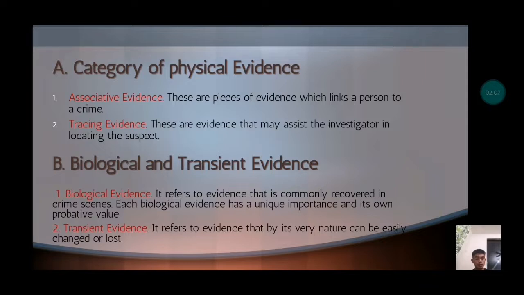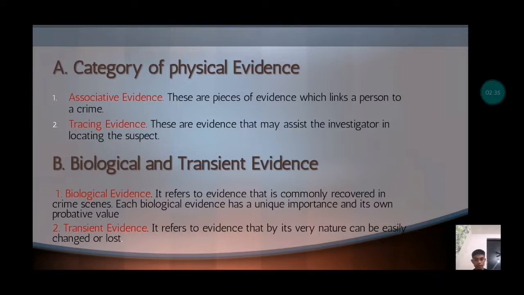It consists of bodily fluids and tissues that have a particular significance since DNA analysis can be conducted in many instances. Some biological evidence that has DNA include blood, saliva, semen, slough skin cells, hair, urine, and fecal material.